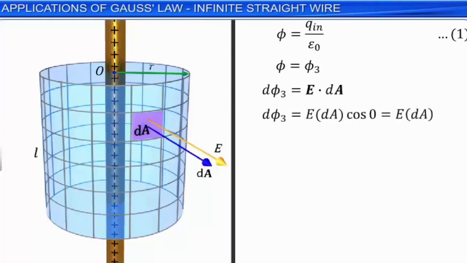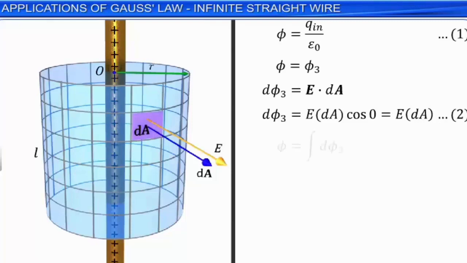To find the total electric flux phi through the Gaussian surface 3, we now integrate d phi 3. Therefore, phi is equal to integral d phi 3, and this is equal to integral E dA.